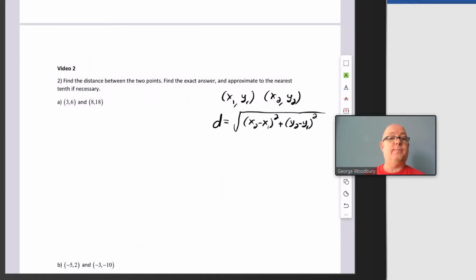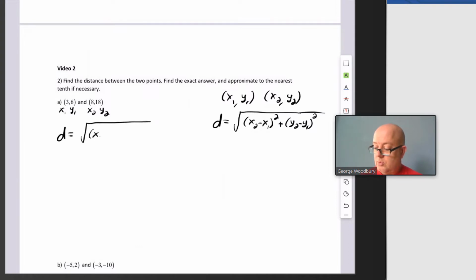So our first point, and it does say to find the exact answer and approximate to the nearest tenth if necessary. So our first problem involves the points 3, 6, and 8, 18. So I'm going to label those as x1, y1, x2, and y2. So when I go to my formula, I'm going to rewrite the formula.